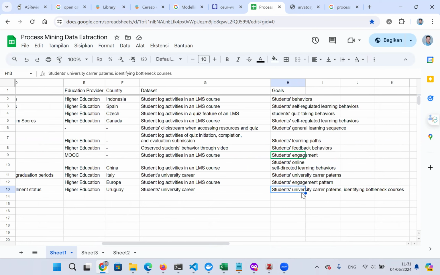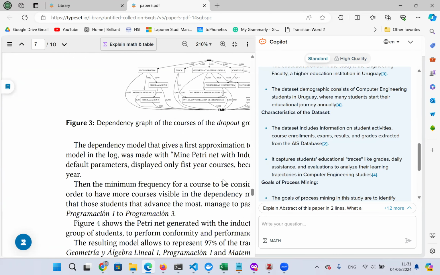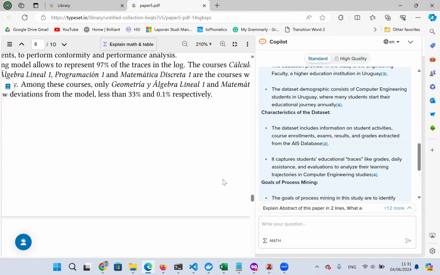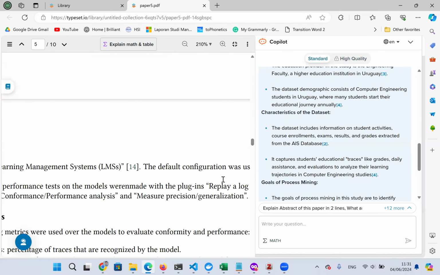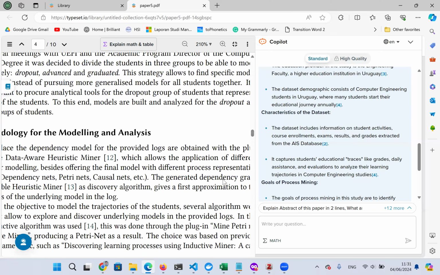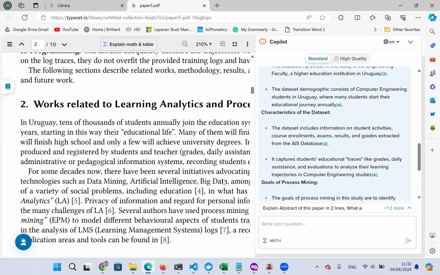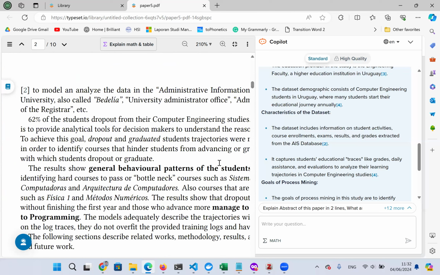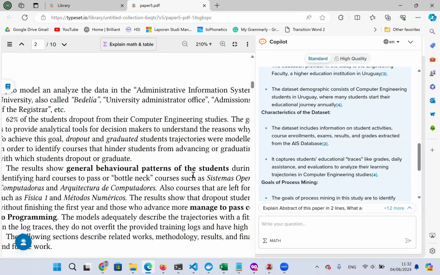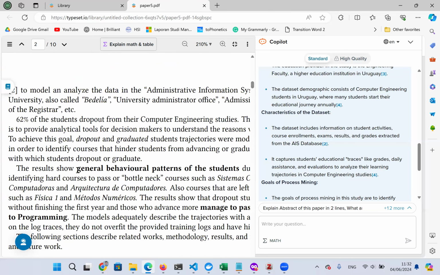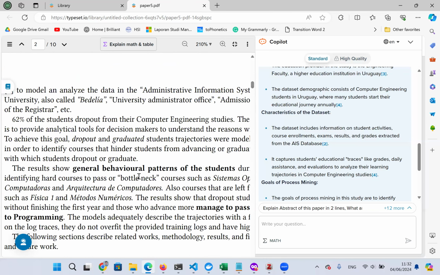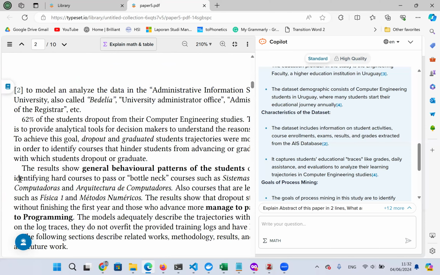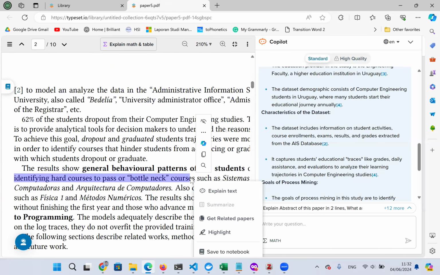And then the goal is also quite tricky here. We have to analyze it. In here, we can look through the background parts. And in here, we can see that it is actually to see the general behavioral pattern and then identify the courses that are hard to pass, or the bottleneck.